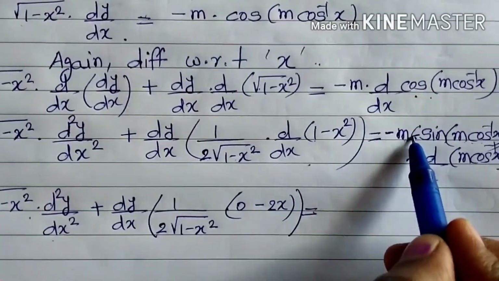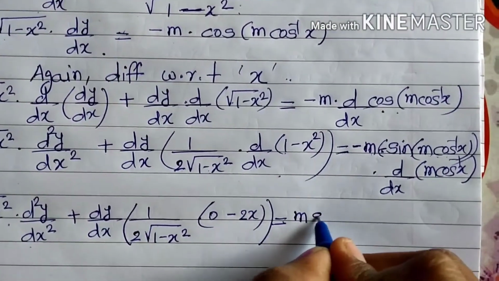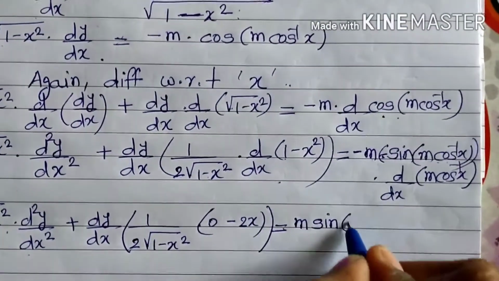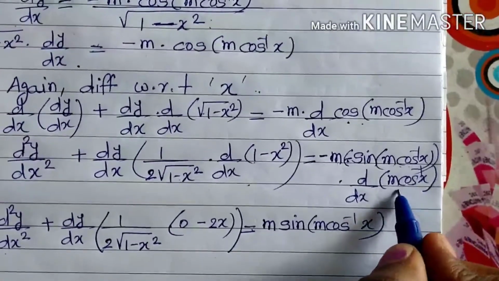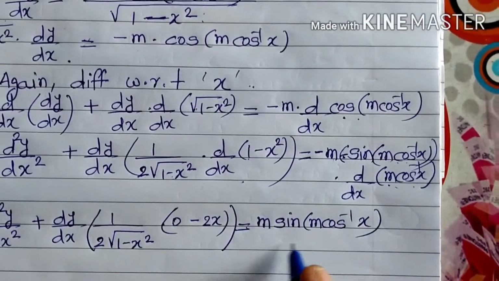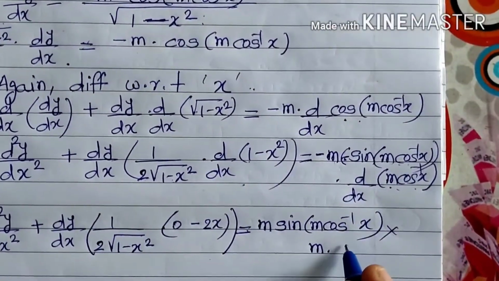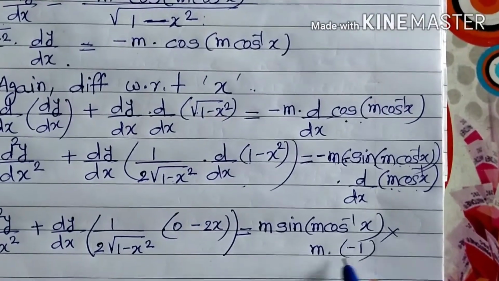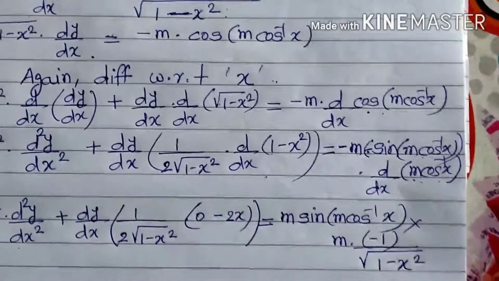Now this minus minus will become plus, so plus m into sine(m cos inverse x) into the derivative of m cos inverse x, which is m as it is, and the derivative of cos inverse x is minus 1 upon under root of 1 minus x square.